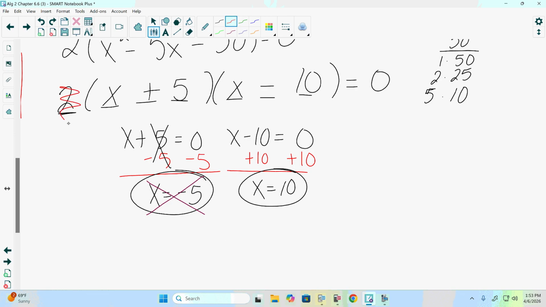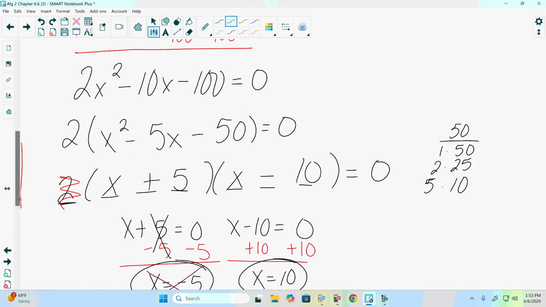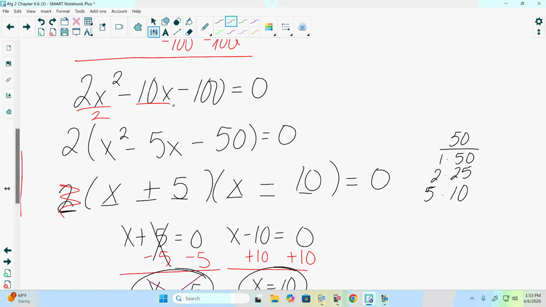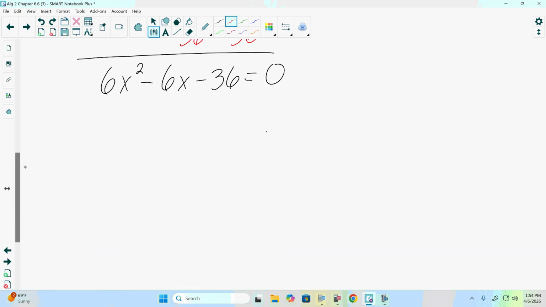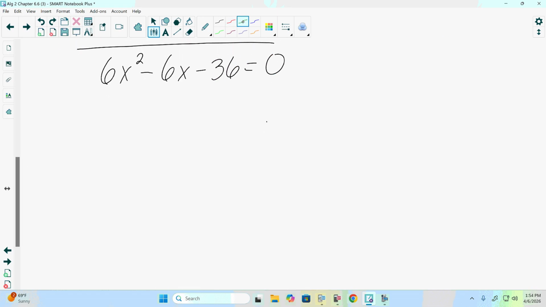I just want to see what's going to make it be 0, yes? So couldn't I come in here and just have divided everything by 2 and removed it? Looks like I can. Which means there's a good chance we can come here and divide everything by 6.